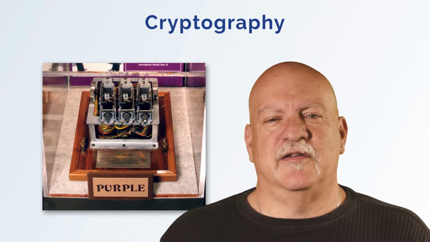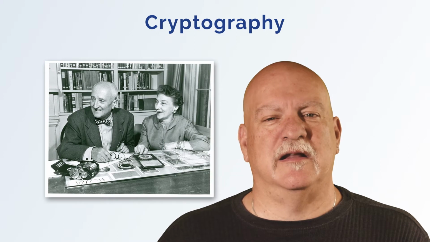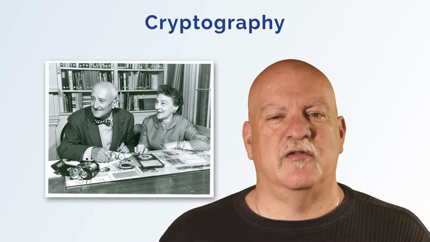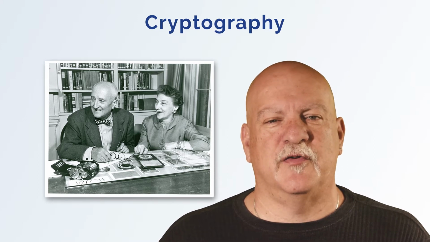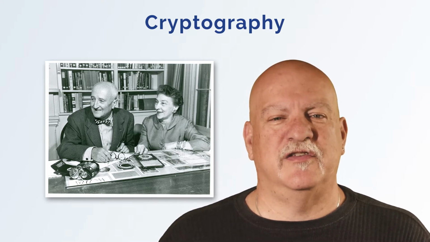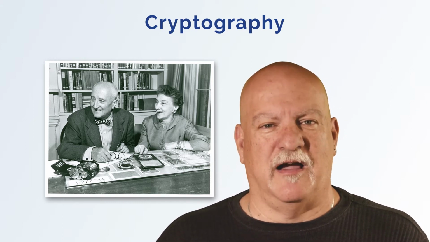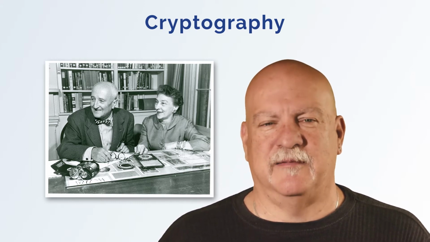In the US, the famous cryptanalysts William and Elizabeth Friedman were busy cracking codes and creating mathematical theories such as Friedman's index of coincidence test that could be used to determine if a cipher was polyalphabetic or monoalphabetic.